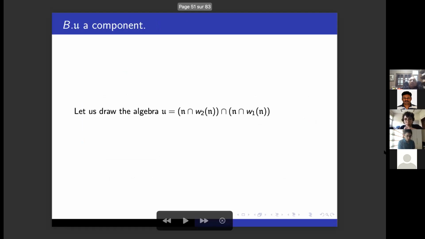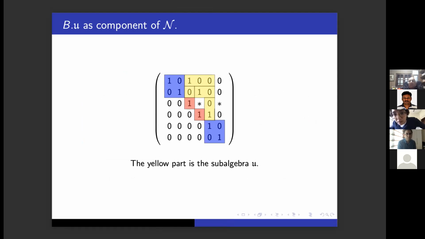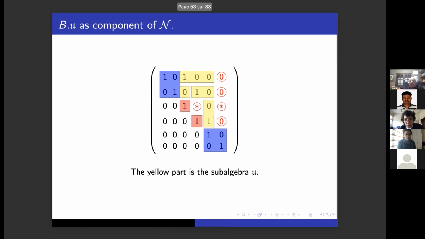Okay, let me draw the matrix, the U in the matrix, and I will explain everything. You put it in yellow, and the elements encircled in red are the ones that are not touched by U. Do you remember that I told you I moved the last box for two reasons? The first reason is that all my encircled elements have a star.